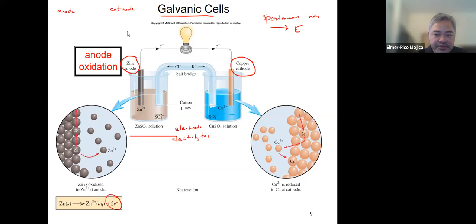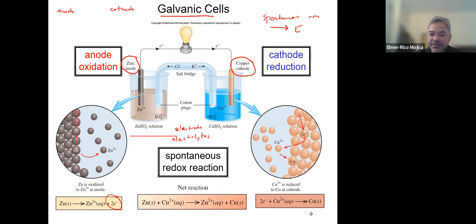Okay, so you have to remember that the anode is where oxidation takes place. Now the cathode, on the other hand, is where reduction takes place. So how are you going to remember the electrodes here?